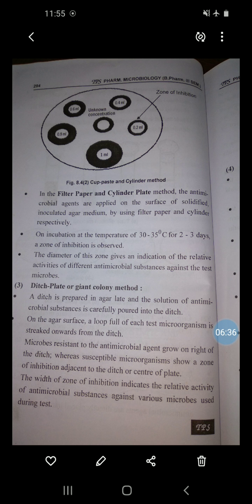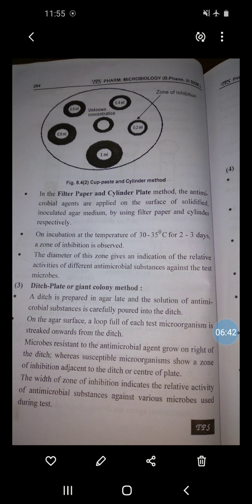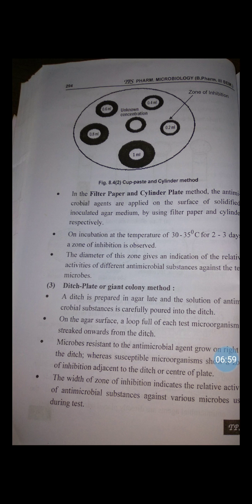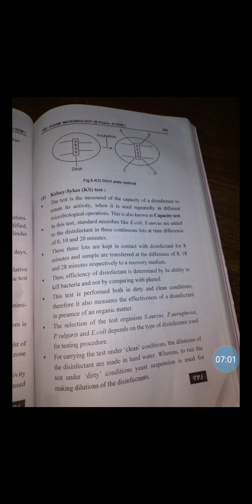The width of the zone of inhibition indicates the relative activity of the antimicrobial substance against the various microbes used during this test. See here, the ditch plate method.